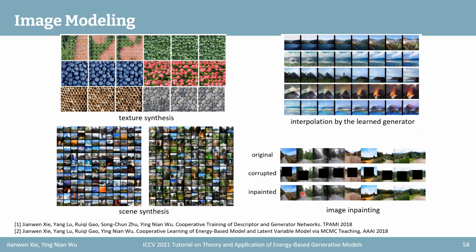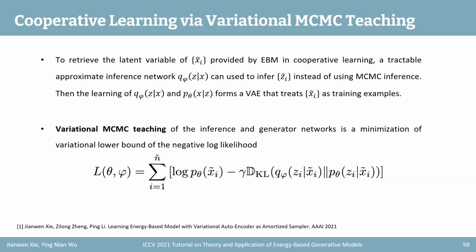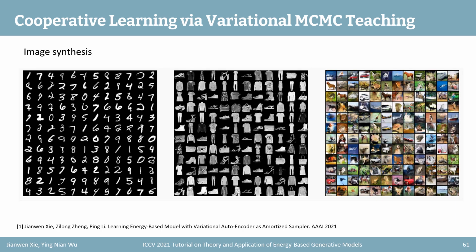We can also use the model for inpainting applications. We can further improve the cooperative learning scheme by a variational version of MCMC teaching, where we learn an inference model very much like a VAE. I will skip over the details except showing you some synthesis results.